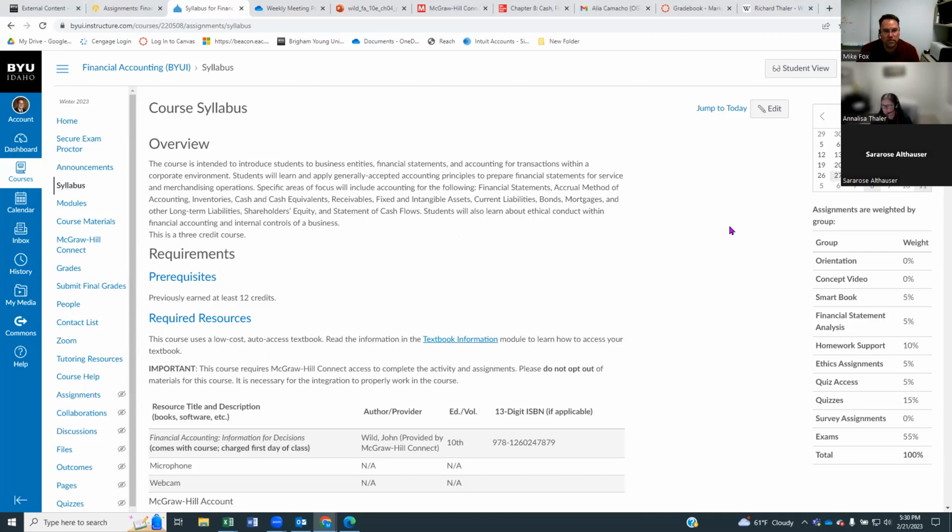I don't know what your view looks like in the syllabus. When you look at the syllabus, does it show how your assignments are weighted over on the side? Yes. So you'll see concept videos have a weight of 0, which means the score is multiplied by 0, and so it's not worth anything.